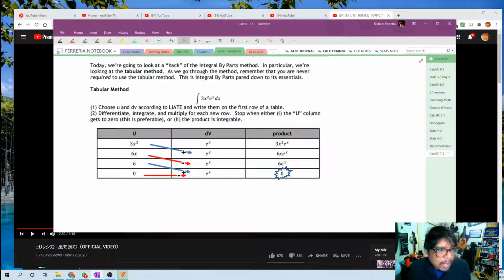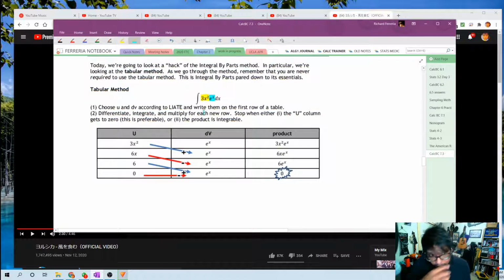Part one, we're going to choose u and dv according to LIATE, and we're going to write them in the first row. So let's pretend I didn't have the first row here, and I'm looking at this. I identify my factors. I've got 3x squared, and my second factor is e to the x.